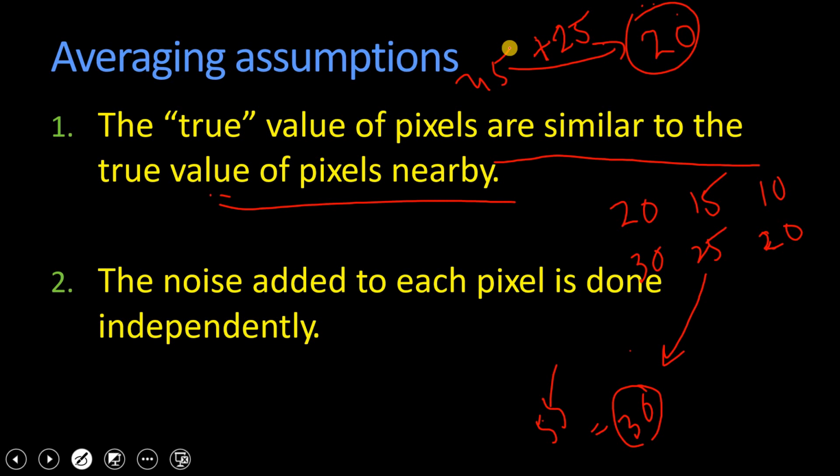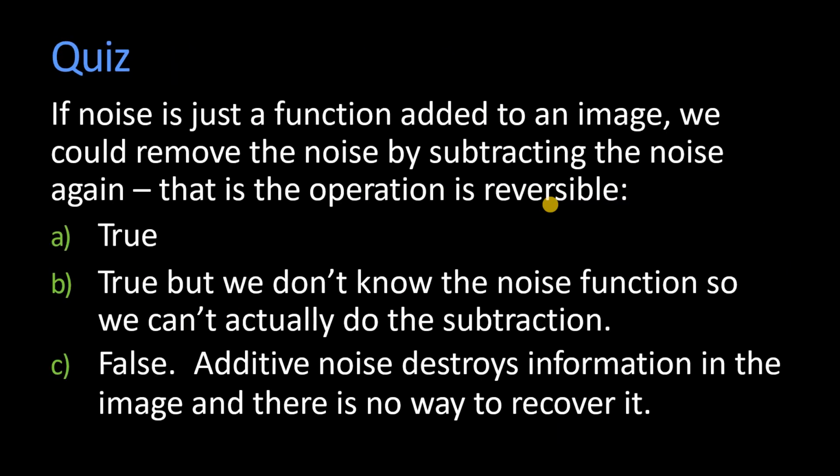One, the pixels that are nearby have similar values, not exactly the same, but in the same range, not too big a difference. Second, the noise that you add is added independently to each pixel, without any effect from the past.